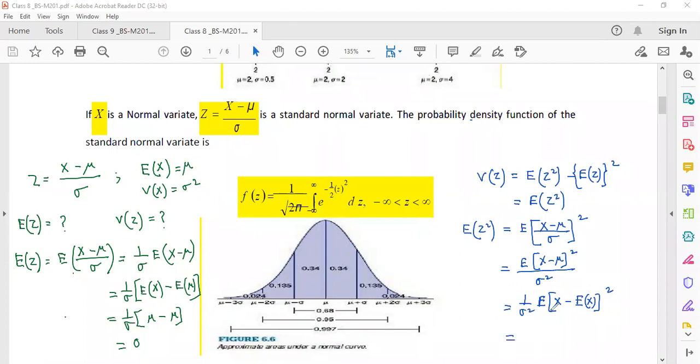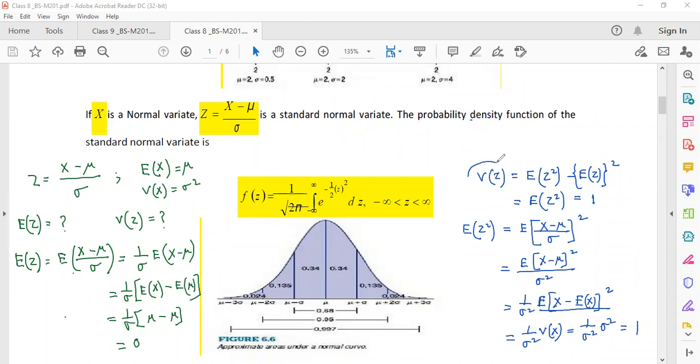And if you can recall this expression, this expression is nothing but V(x). And we know that V(x) is sigma square itself. So E of z square is actually coming out to be 1. And since E of z square is coming out to be 1 and it is equal to V(z), so this will be equal to 1.